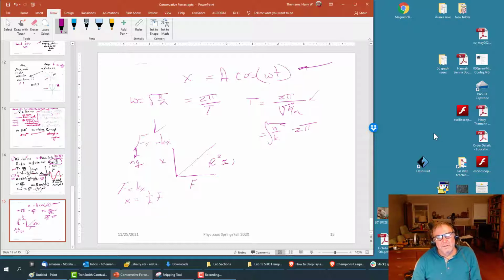Now, because we always want to do straight line fits, we decide that we're going to square this. T squared equals m over k times 4 pi squared. And in this case, once again, we're taking masses, but it's not being converted into force, notice. So T squared should equal 4 pi squared over k times m.